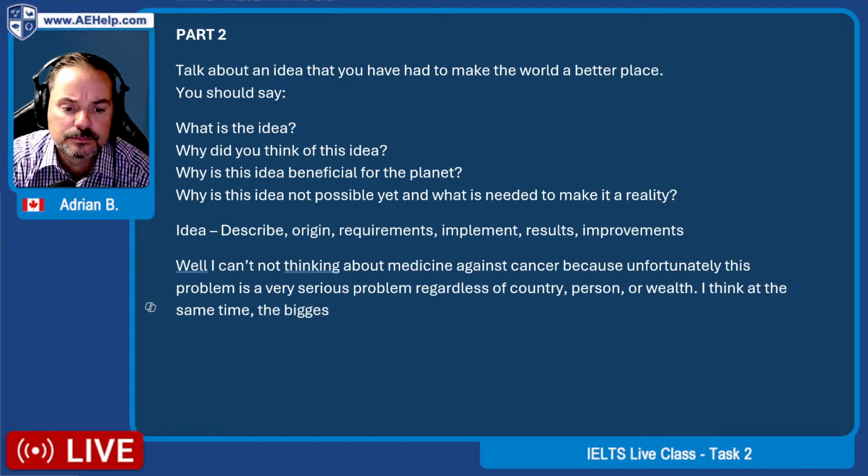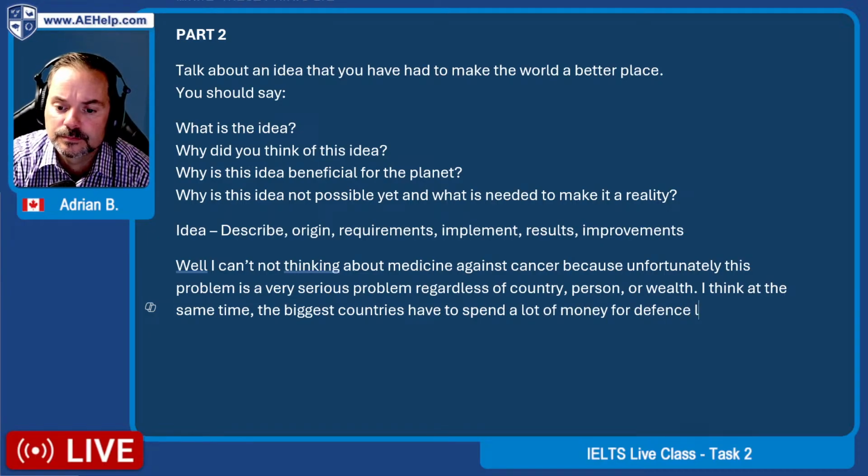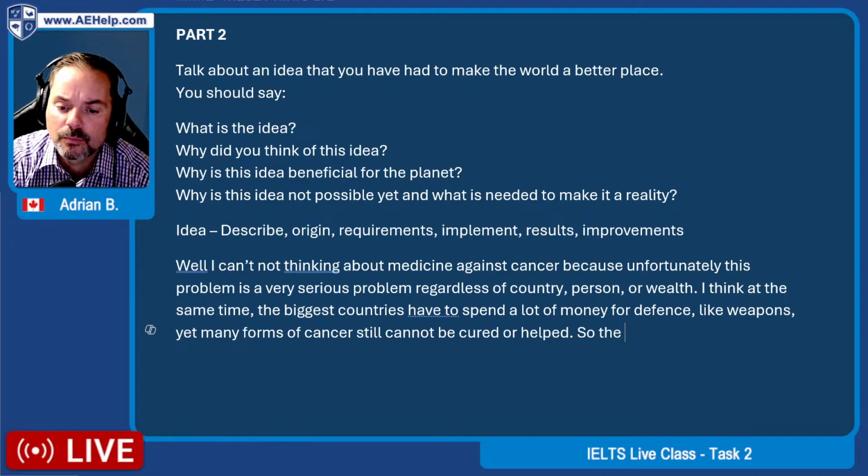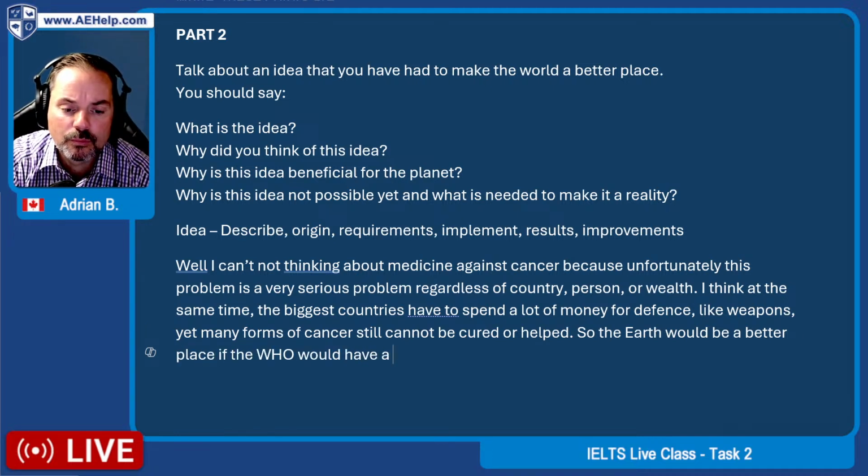But in reality, many kinds of cancers are not yet healed, medicine is not yet prepared and developed to cure them. So it will be much better place, our Earth, if let's say World Health Organization has enough budget to spend for care of cancer worldwide, and especially in countries where it's more important and less developed.